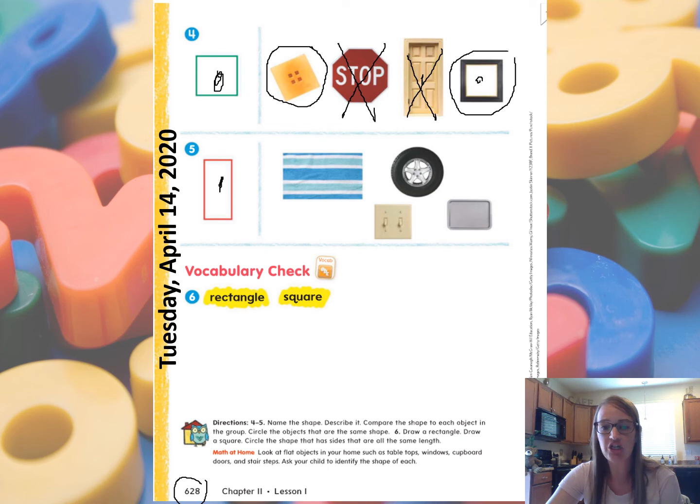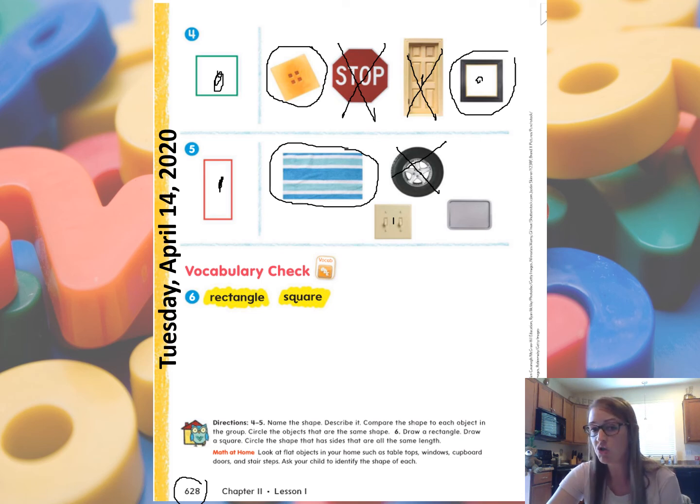Number 5. What is this shape called? It is a rectangle. Let's look for things that are in the shape of a rectangle. Is the beach towel a rectangle? Yes, 4 sides, 4 vertices. How about the tire? Nope, not a rectangle. How about the light switch down here? Is that the shape of a rectangle?